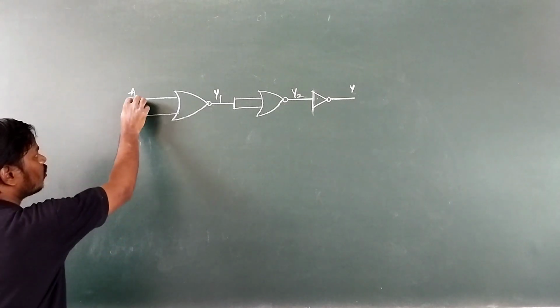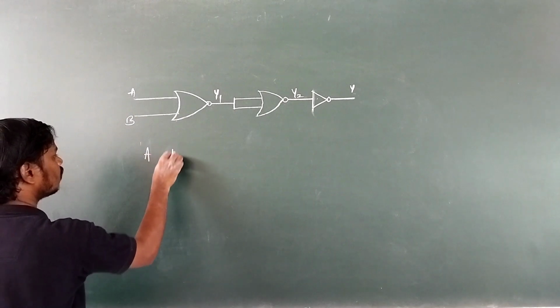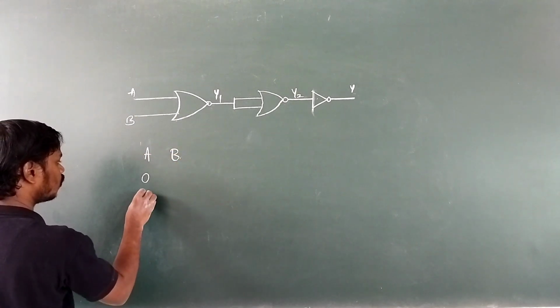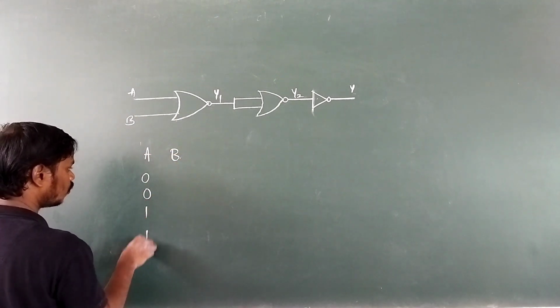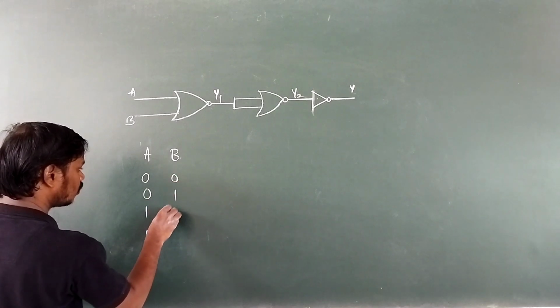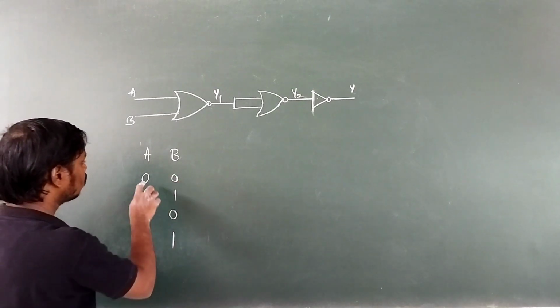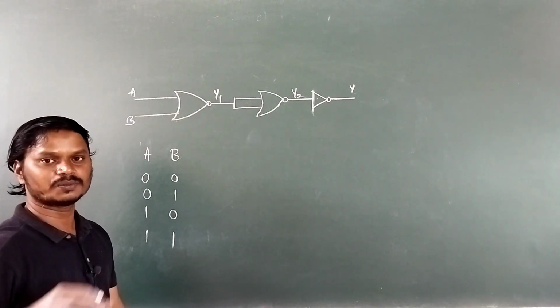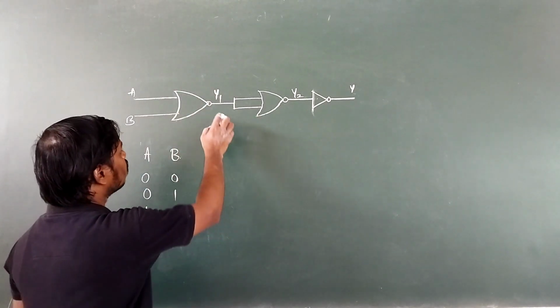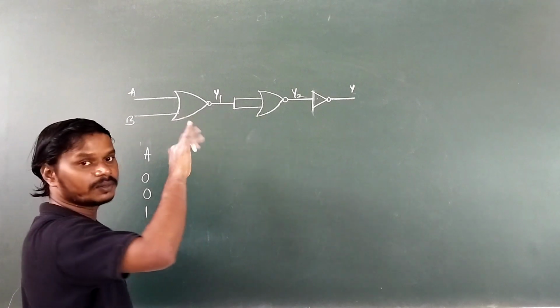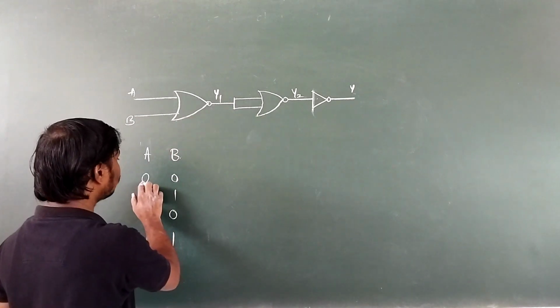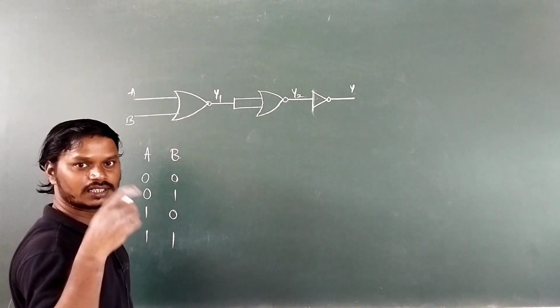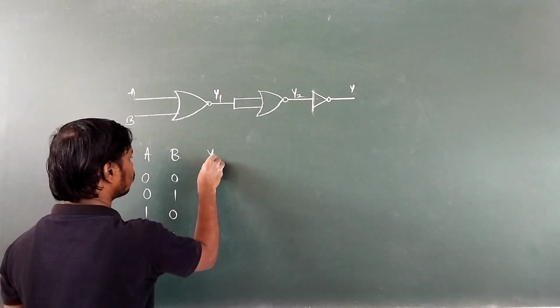See here. There are how many inputs? 2 inputs, A, B. Then possibilities are 4: 0 0, 0 1, 1 0, 1 1. Now 0 and 0 are the inputs for the NOR gate. Then output of the NOR gate is complement of OR. 0 or 0 is 0, but its complement is 1.